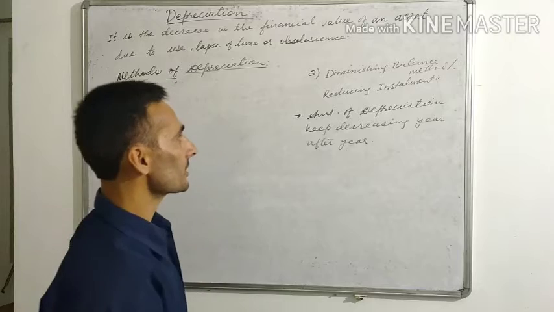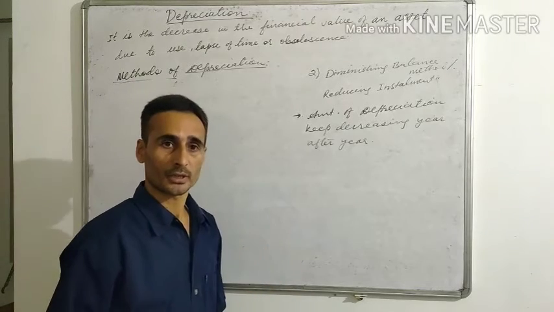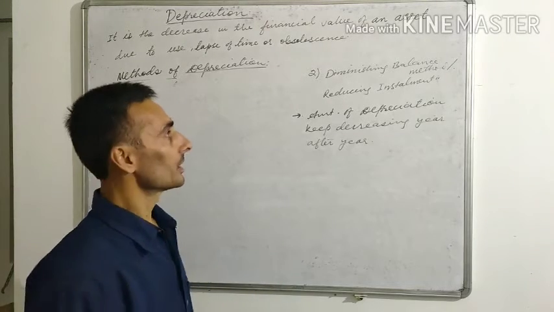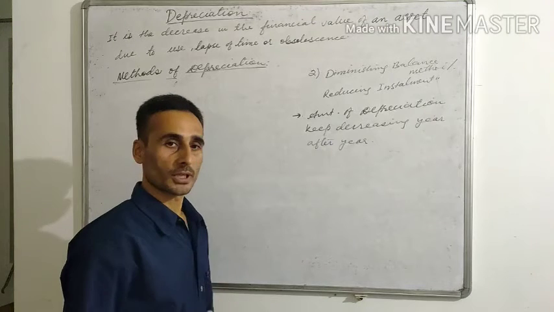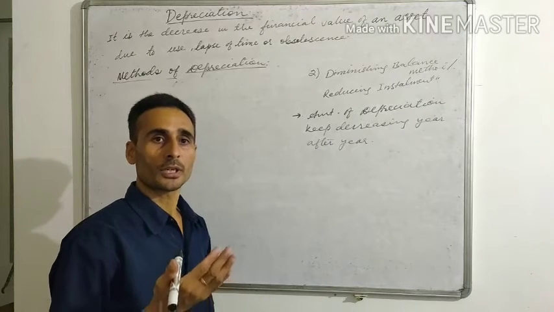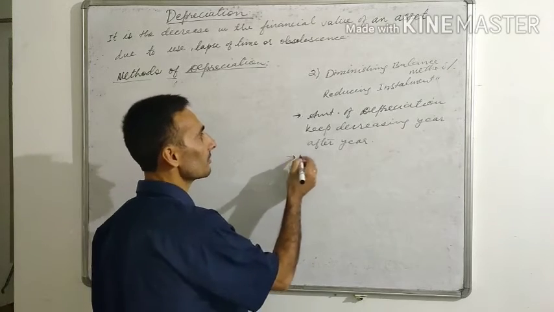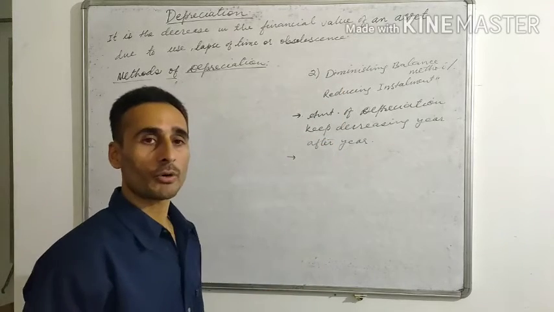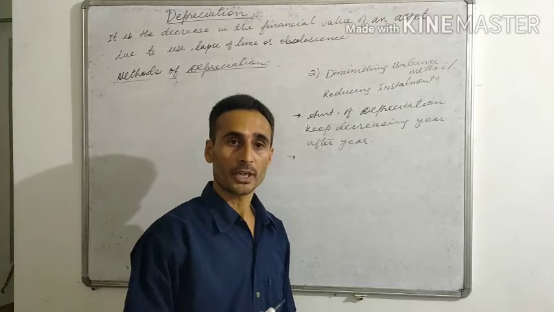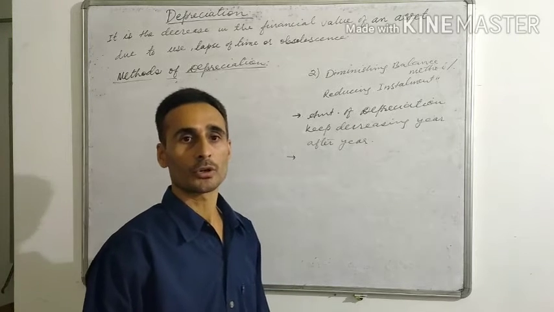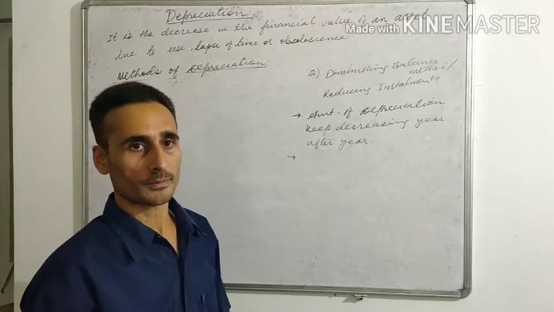That means the depreciation amount keeps on diminishing. That is why it is called diminishing balance method. The same amount is not charged every year. Here what happens in this method, higher amount is charged in the beginning and the amount goes on decreasing thereafter.